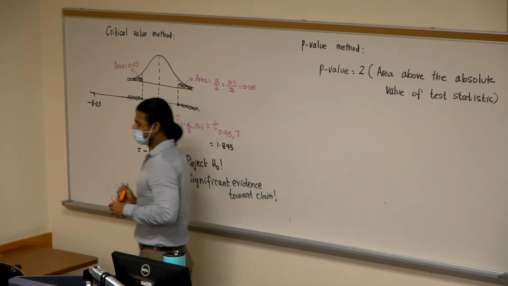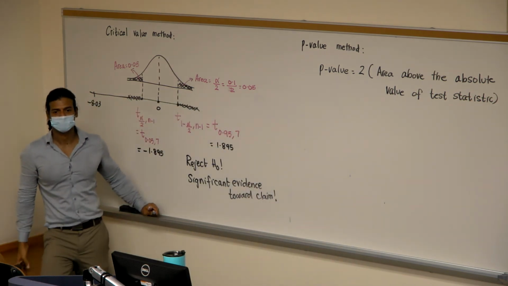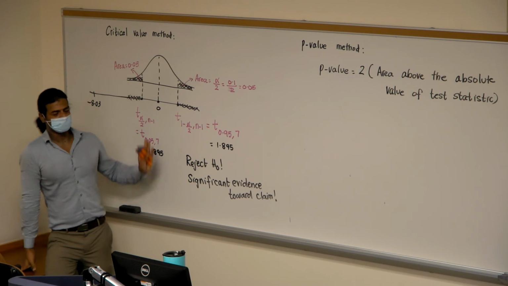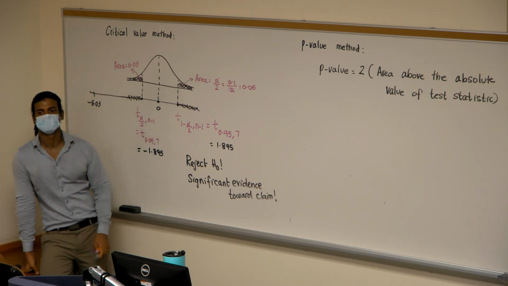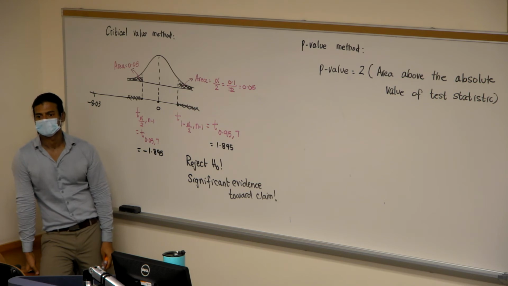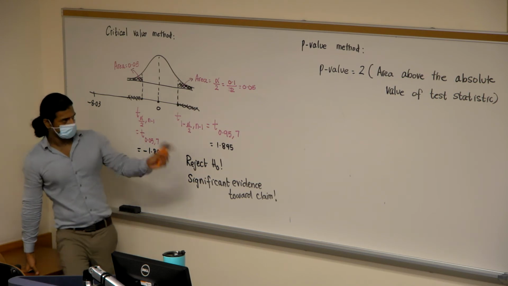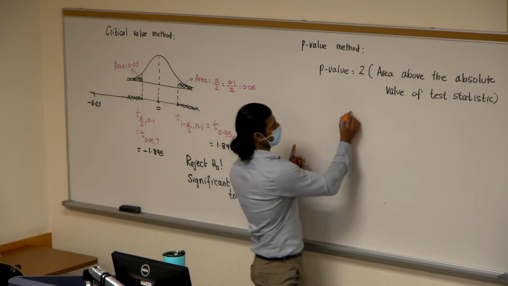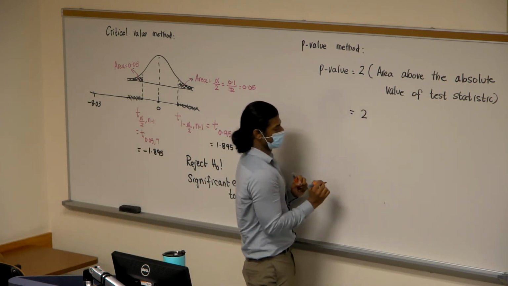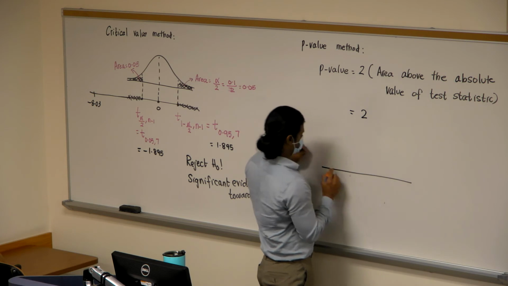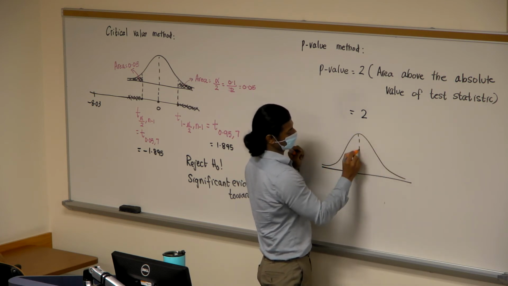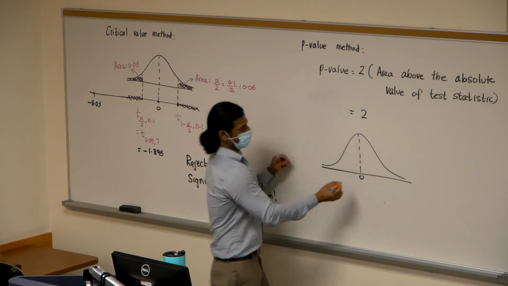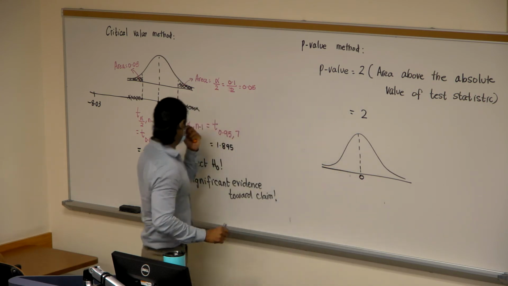So what function should we use? Obviously not inverse t, because that gives us the critical value. TCDF. So 2 times... zero is over there.